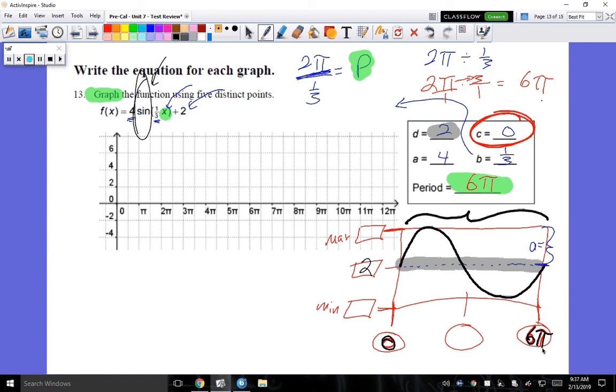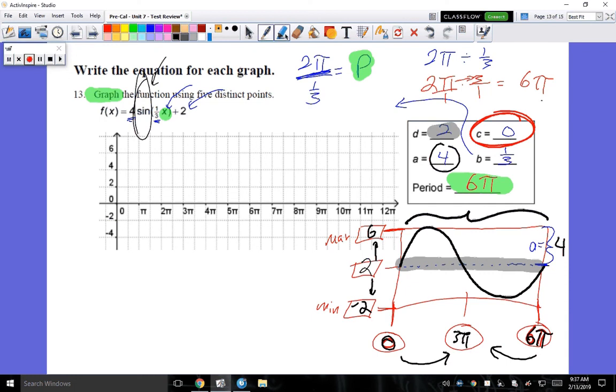And now we know our A value is 4. So that means up 4 from 2 will give you 6, down 4 from 2 will give you a negative 2. And last but not least, we're going to look at what is in between 0 and 6 pi, which would be 3 pi.